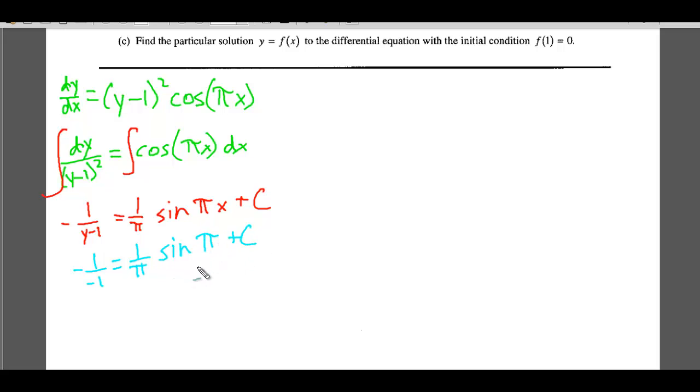Sine pi is 0, so c equals 1. And so our solution, kind of ugly right now, is negative 1 over y minus 1 equals sine pi x over pi plus 1.